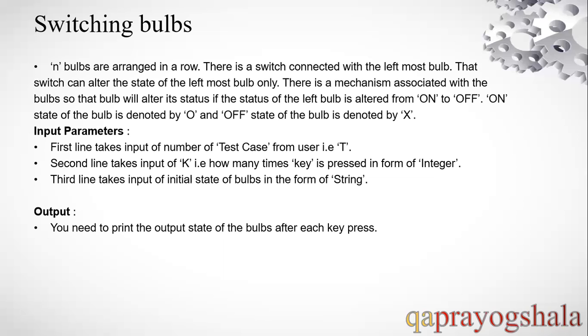So let's say if we consider five bulbs arranged in a row, then the second bulb from the leftmost side will alter its status only and only if the status of the left bulb is altered from on to off. I'll explain why. Let me try to explain this.